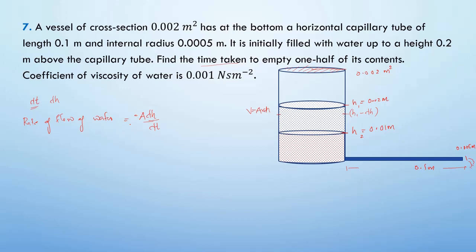Now let's equate this to Poiseuille's equation, because we already have an equation for the volume rate of flow of water, and we have found the volume rate of flow for this particular scenario.